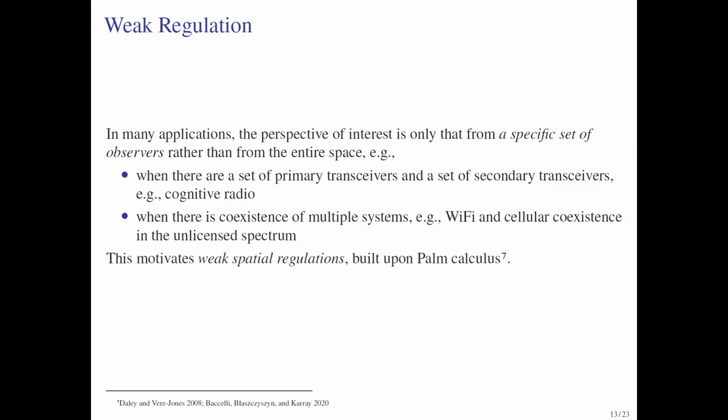Another example is when there is a coexistence of multiple systems that may employ different transmission power and different distributions of points. We would like to be able to characterize each individual network's performance. The notion of weak spatial regulation is built upon Palm calculus.